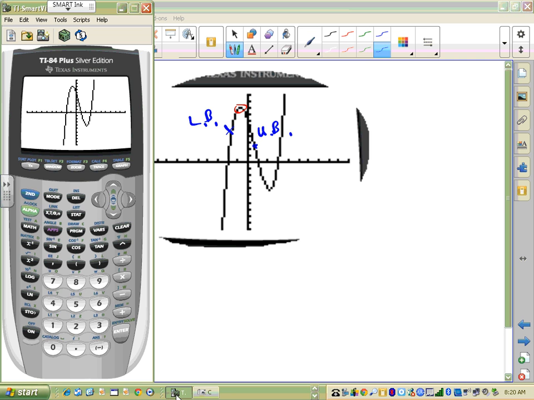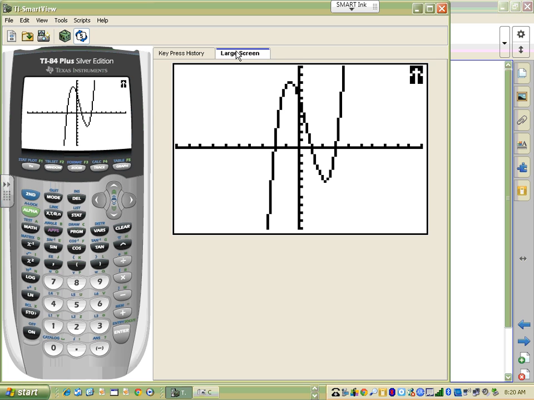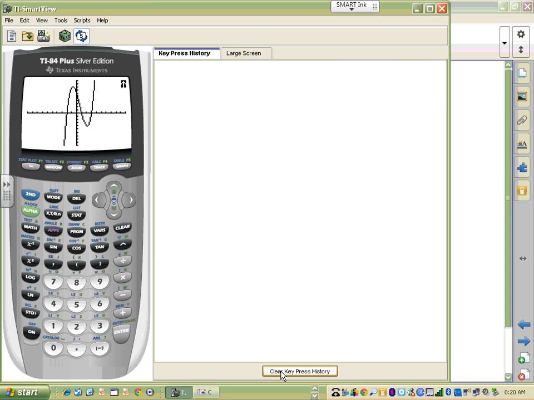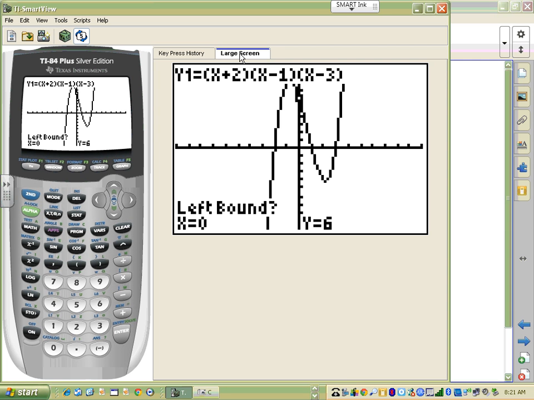So I'm going to press second. Let me show you the keystrokes I'm pressing here. I pressed second trace, and I want to find a maximum because it's a local maximum. So second trace, option 4 here. Where my cursor is flashing right now, it's not in a good place to be a lower bound, so I need to move the cursor. And now it's okay. That's my lower bound.